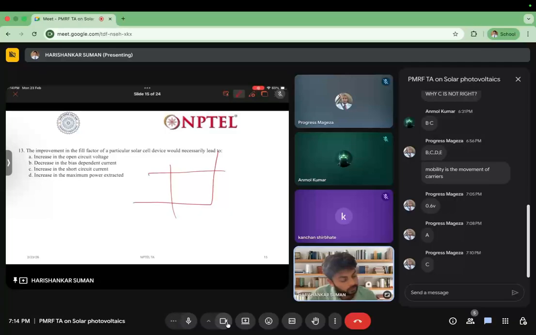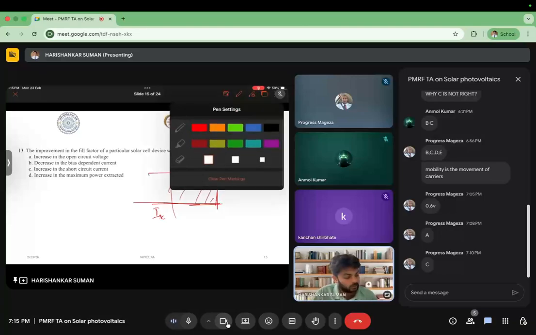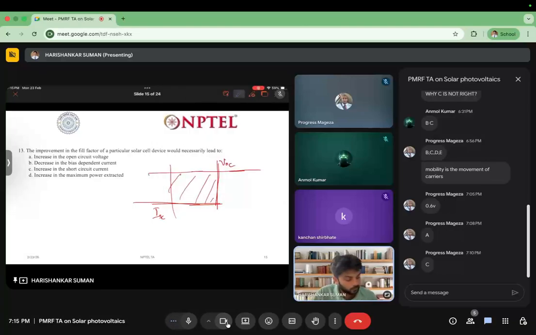Let's say you have a straight line, this is ISC, this is VOC, this is ideal and the area of this, and I have another curve, let's say this is the curve for other solar cells.